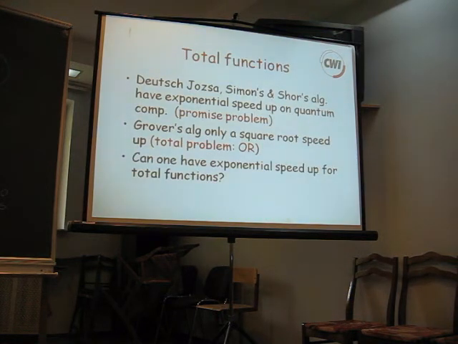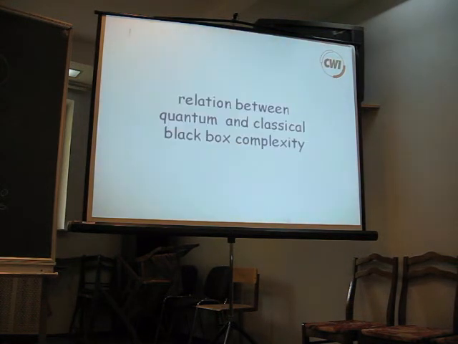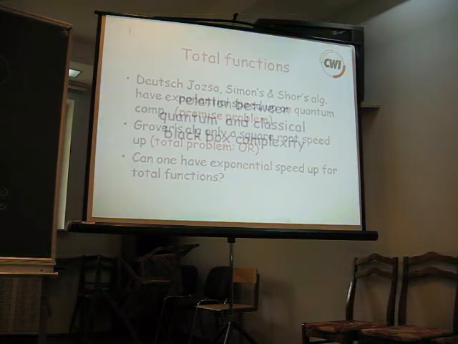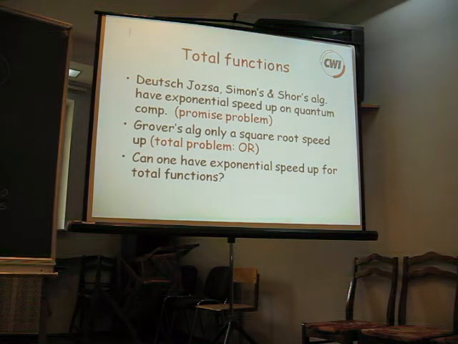So in general, I want to relate the classical black box complexity, meaning algorithms that are not quantum but just randomized or deterministic, to quantum algorithms. And we have seen that this totality is an important thing, because for Deutsch-Jozsa, Simon's and Shor's algorithm, we had this exponential speedup, right?